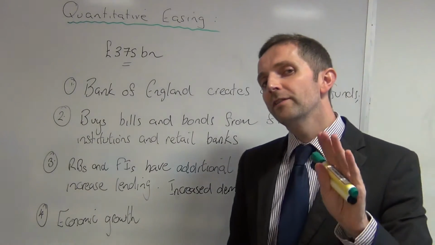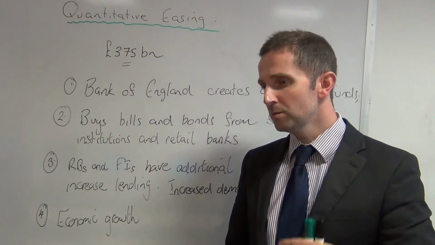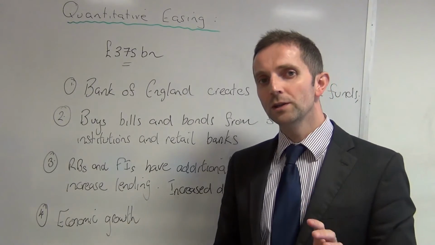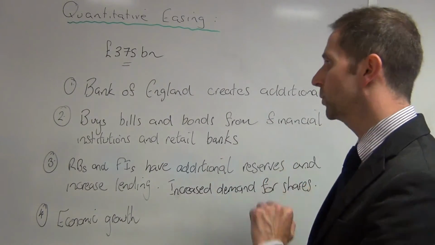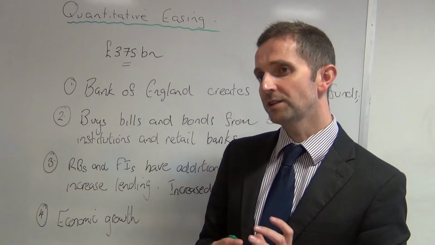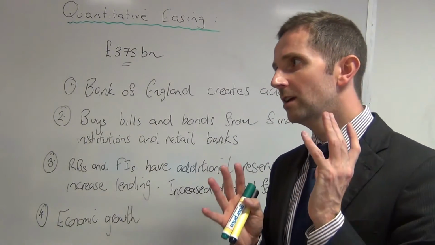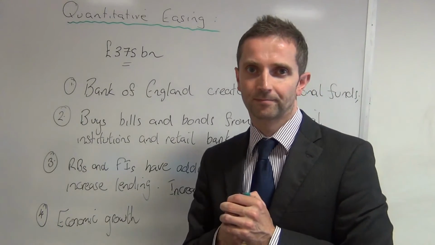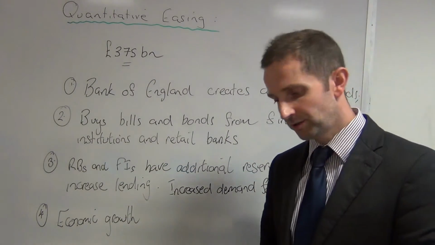If you look at my video on the transmission mechanism, which I did not so long ago, you will know there is a relationship between the demand for bonds, the price of bonds, and interest rates, lending rates.